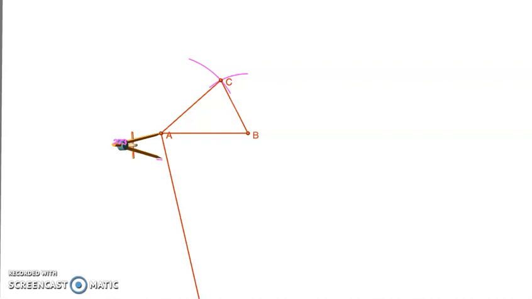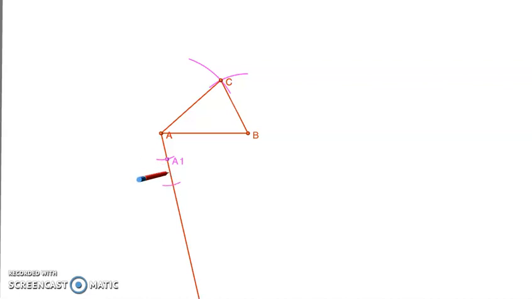Take some convenient radius and start marking arcs. Take A as center and some convenient radius and just mark the arc on the ray AX. Mark the point of intersection A1. Now take A1 as center and the same radius.